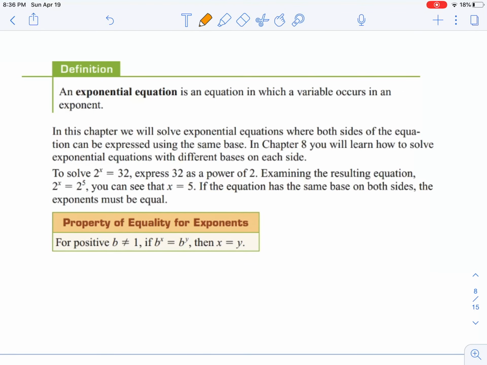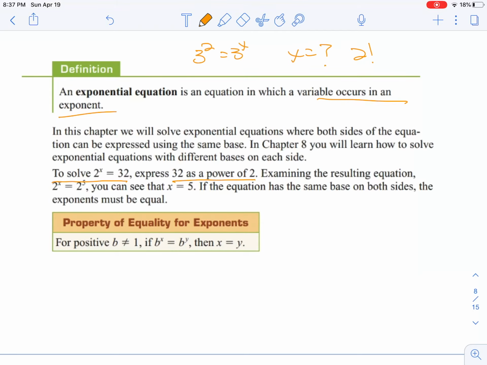Exponential equation. A variable occurs in the exponent. So to solve 2 to the x equals 32, you're going to express 32 as a power of 2. So think about it this way. If I gave you 3 squared equals 3 to the x, x equals what? Well, that's not too hard.